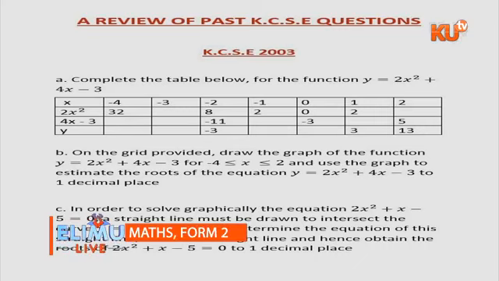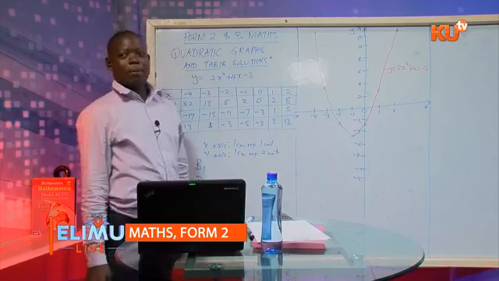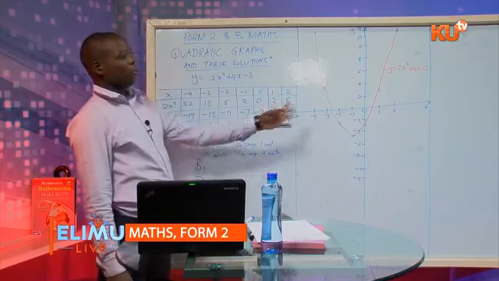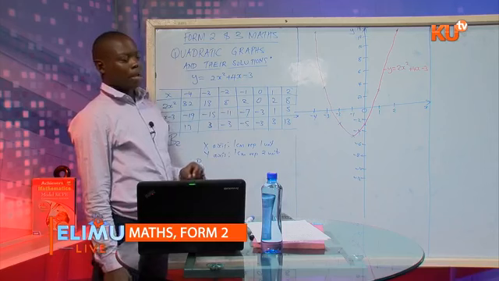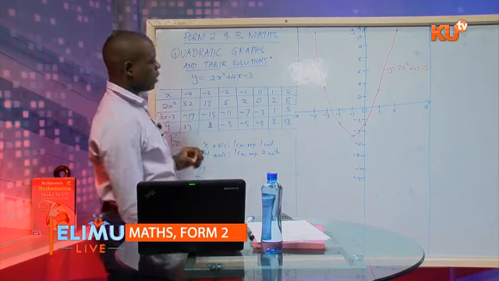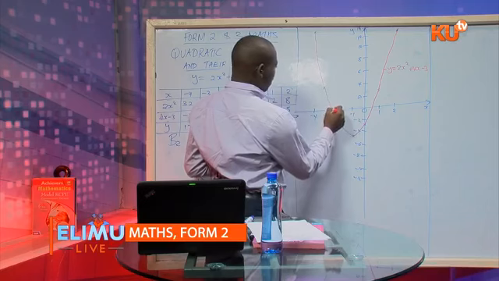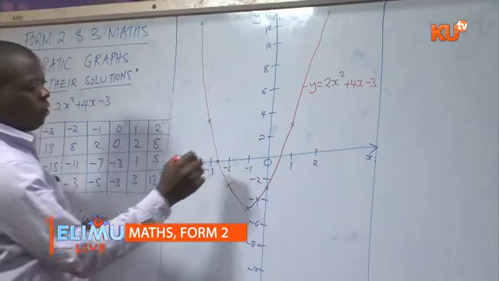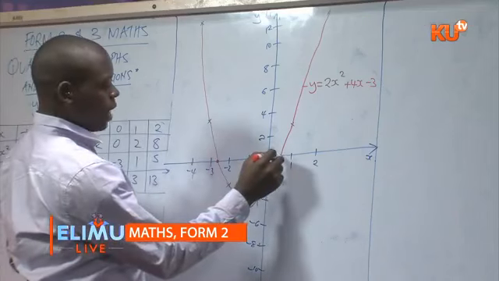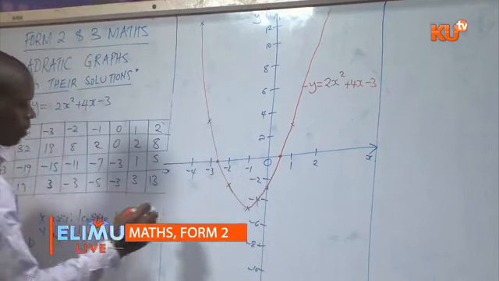To 1 decimal place. So we need to get the roots. And the roots here, what they're simply asking, what are the solutions of this curve? And the easiest way to get these solutions, after drawing the curve, you get the points of intersection of the curve with the x-axis.